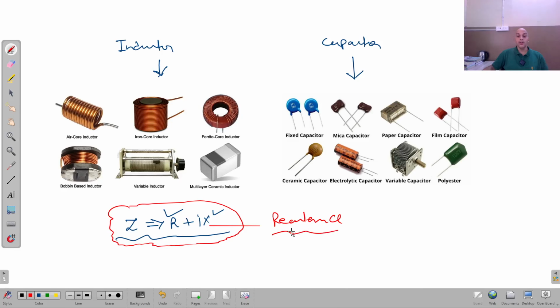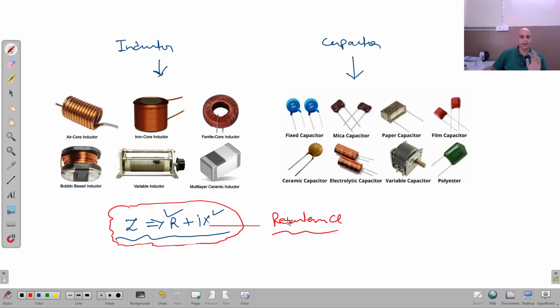Now, we know very well that reactance arises because of two properties of materials. One property is to store charge and the other property is to oppose the flow of electric current through it. The first property, to store charge, is capacitance, and the second property, to oppose the flow of electric current through it, is inductance.